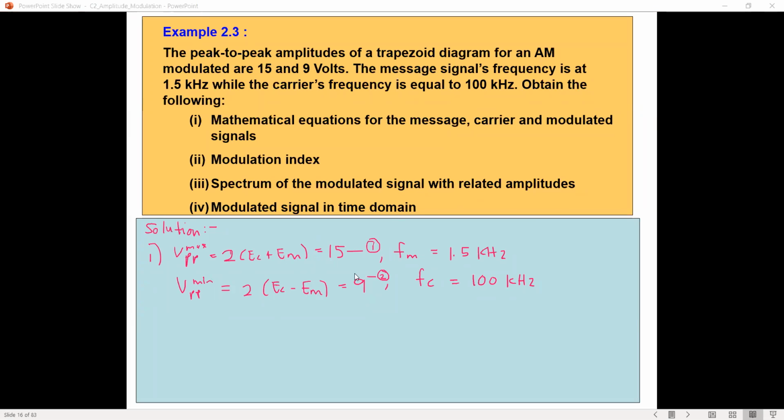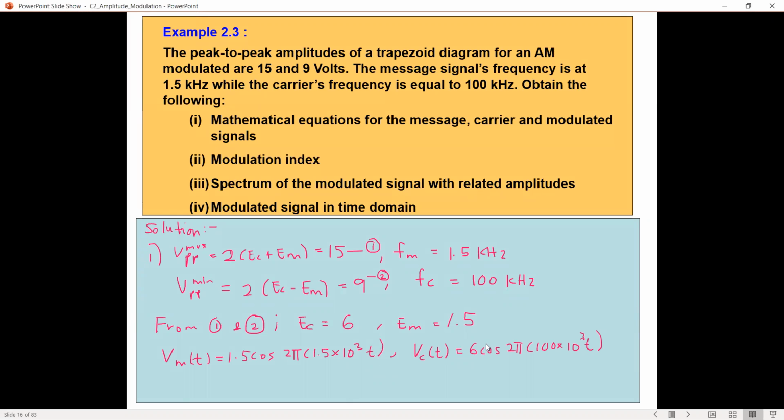When you solve these two, you get EC equal to 6 and EM equal to 1.5. We are given FC and FM, so from these values we can produce our VMT, the message signal, equal to 1.5 cos 2 pi 1.5 kilo T. And then VCT is 6 cos 2 pi 100 kilo T.